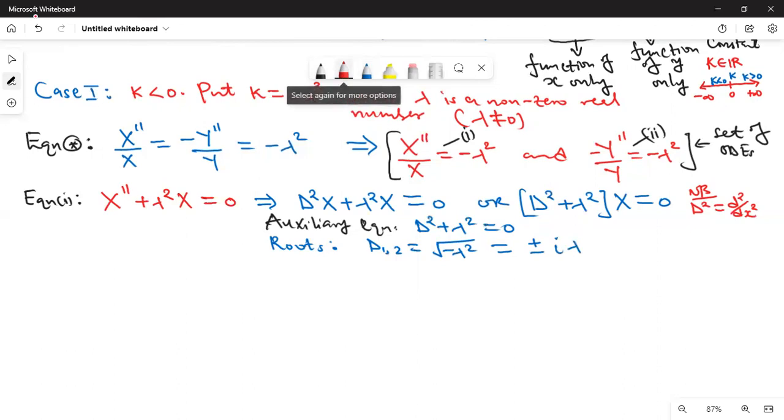So then, how do we write the solution corresponding to x? So we are going to say, therefore, x equals, you see, the roots are real and distinct. Our general solution will be C1 exponential lambda x. No, this was not real and distinct. These are complex conjugate roots. A correction.